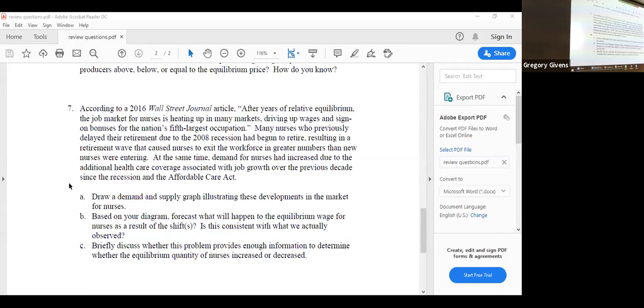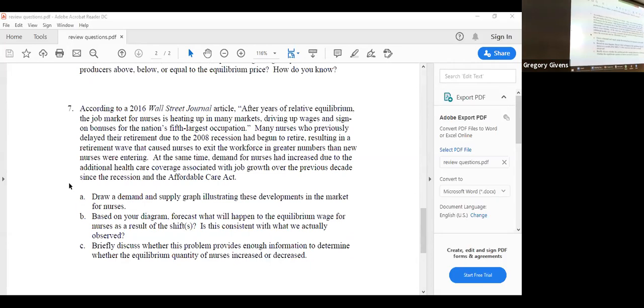According to a 2016 Wall Street Journal article, after years of relative equilibrium, the job market for nurses is heating up in many markets, driving up wages and sign-on bonuses for the nation's 5th largest occupation. This is from an actual Wall Street Journal article.